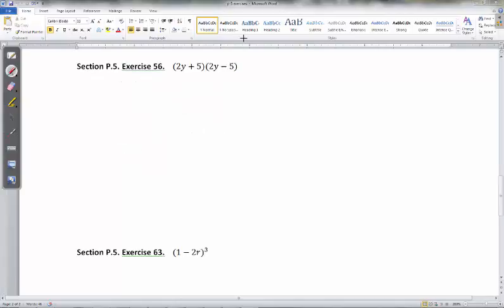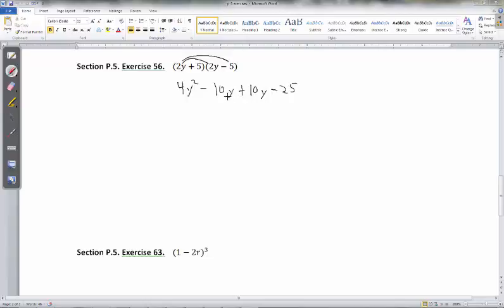Exercise 56 is along the same lines as well, although this will illustrate a nice property of certain types of multiplications. The way it works, 2y plus 5 times 2y minus 5, you can just multiply it out like we have been doing. 2y times 2y, 4y squared, 2y times minus 5, negative 10y, 5 times 2y, plus 10y, 5 times negative 5.